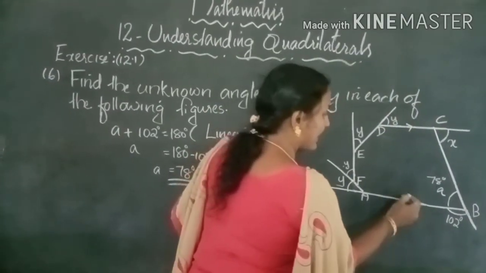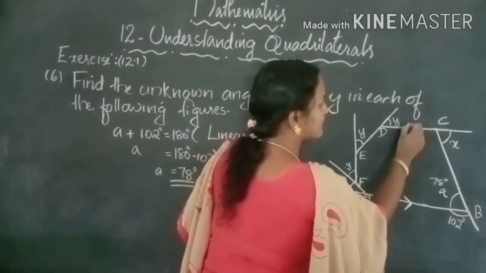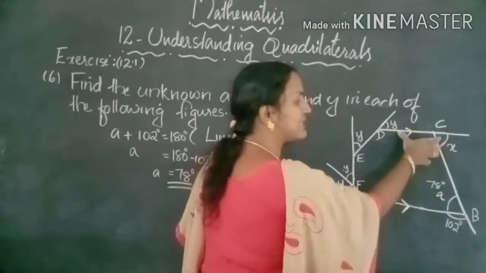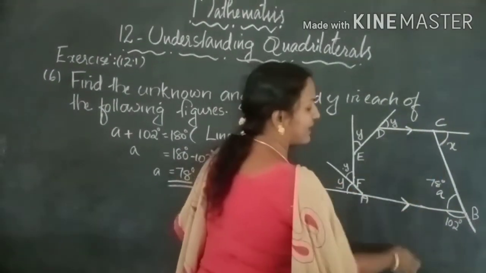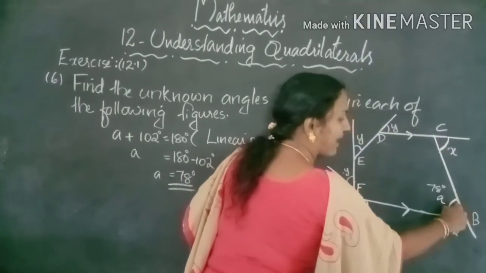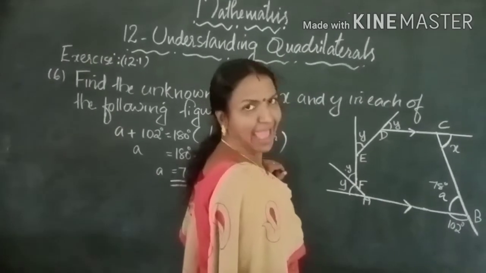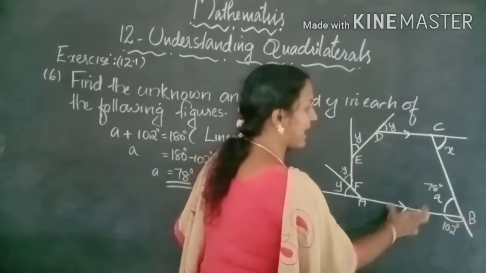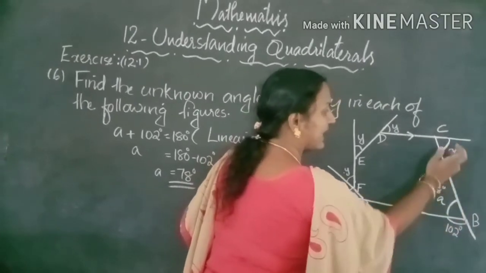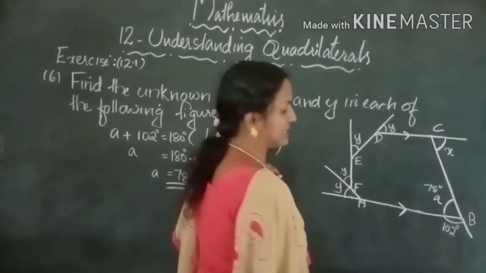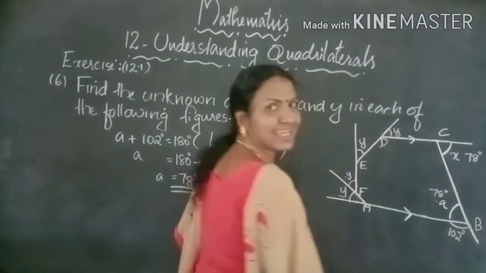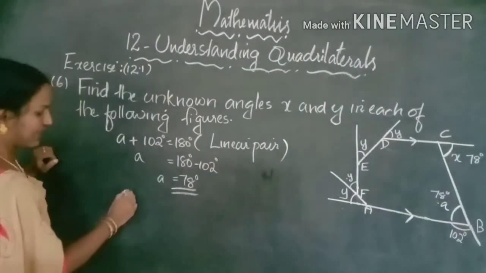Given AB and CD are parallel lines. So angle X and angle A are alternate interior angles. So if this is 78, this is also 78. Why?